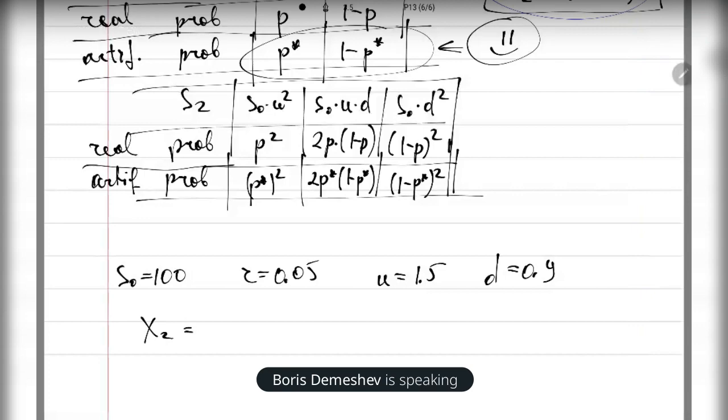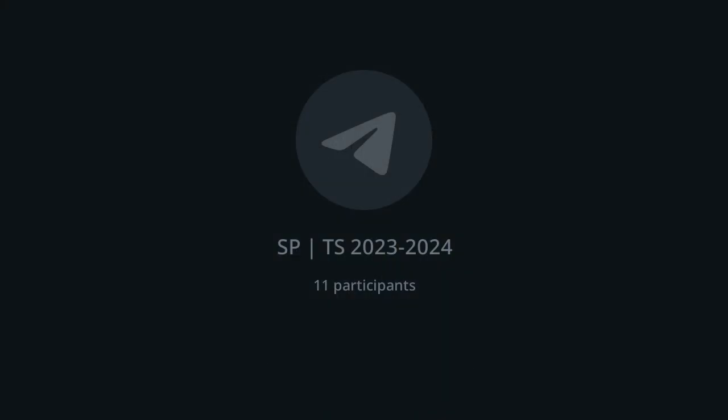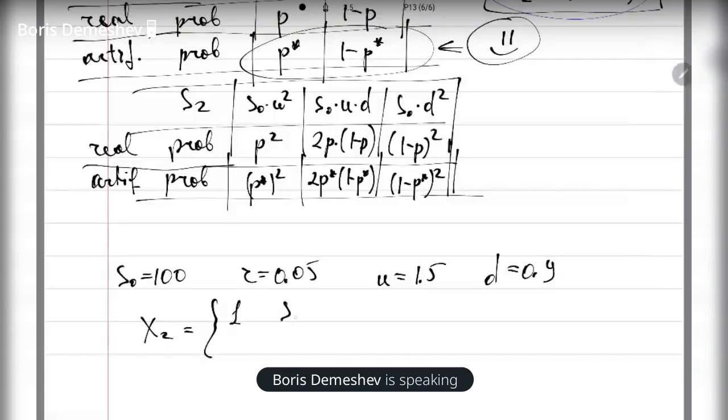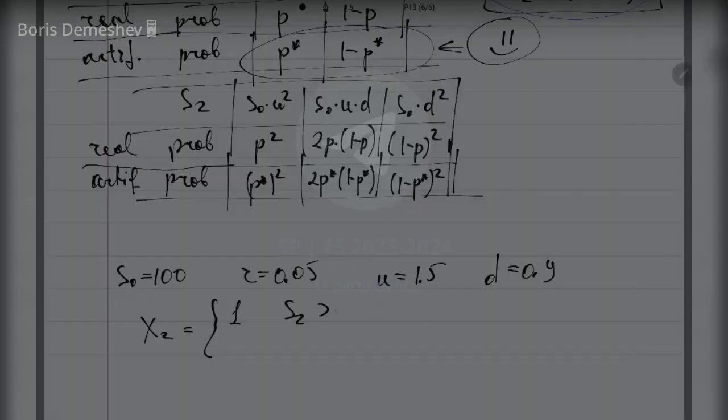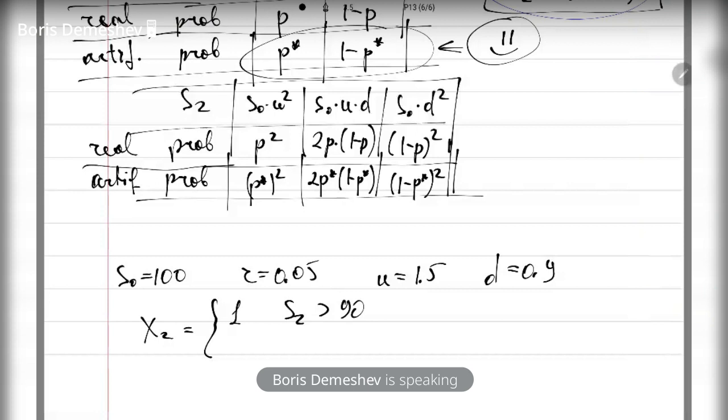I will give you $1 if S2 is bigger than $90, and you get 0 if S2 is less than $90.